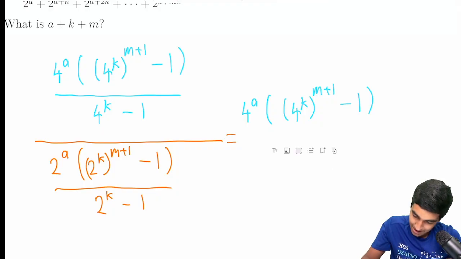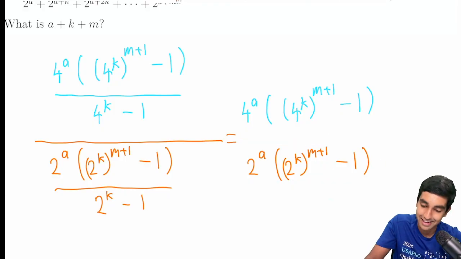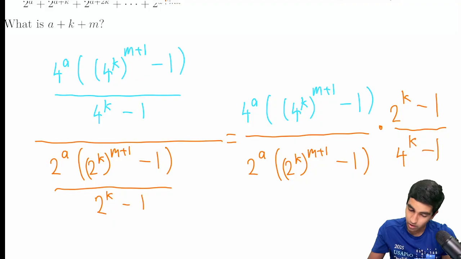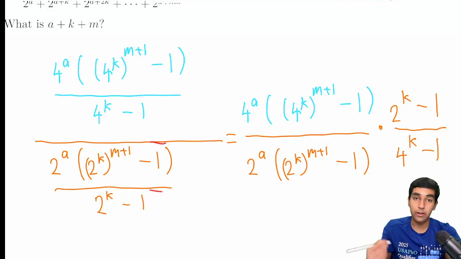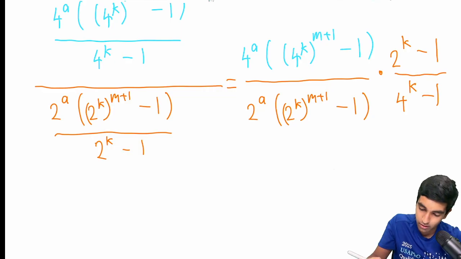It might have been quicker to write it out, honestly. We have this divided by 2 to the k minus 1 all over 4 to the k minus 1, right? Because this is divide by twice, so we just move it on top. But it won't really matter because we're going to cancel stuff out anyway.